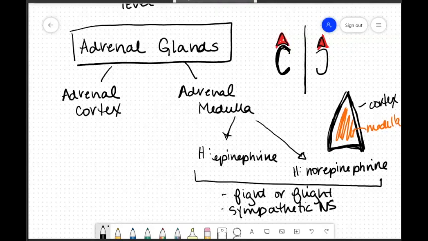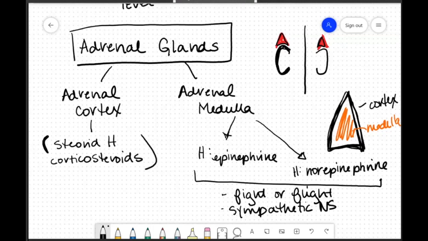They can act as a hormone, and when they do act as a hormone, they are released from the adrenal glands. Your adrenal cortex is going to release a family of hormones called the steroid hormones. So these steroid hormones are called corticosteroids, which is from the adrenal cortex.